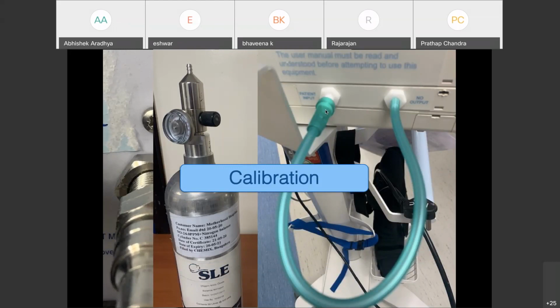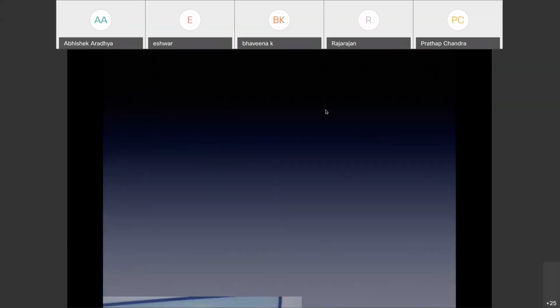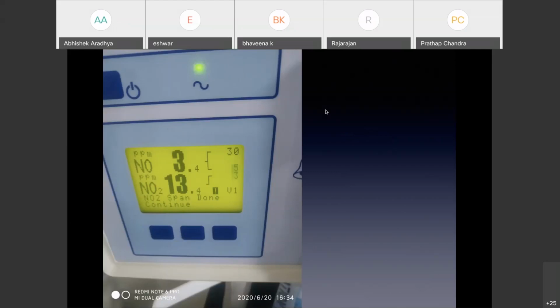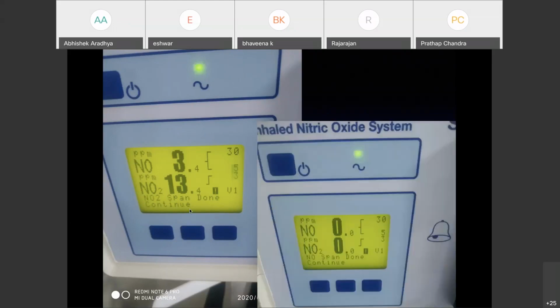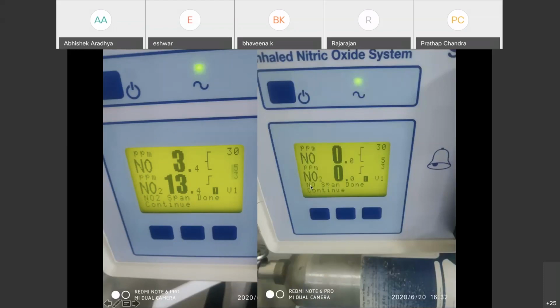Once it is 0, the machine is calibrated. Then you calibrate nitrogen dioxide individually. Once you calibrate it, the display shows NO2 span done, continue. Then you attach the other canister, your nitric oxide, and it should say nitric oxide span done, continue. That suggests both nitrogen dioxide and nitric oxide are calibrated. Without calibrating, you cannot use the nitric oxide system.